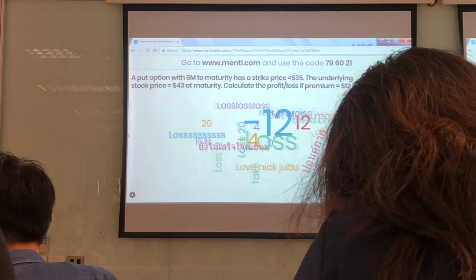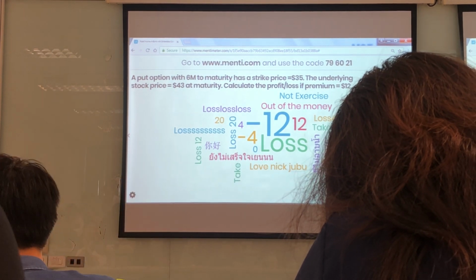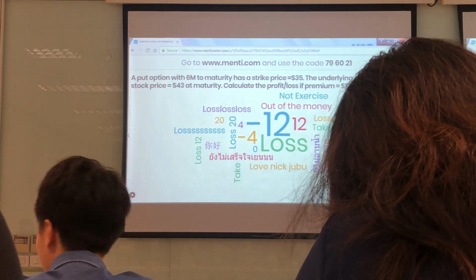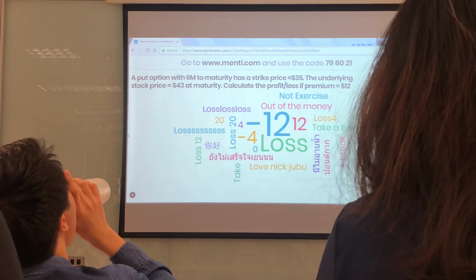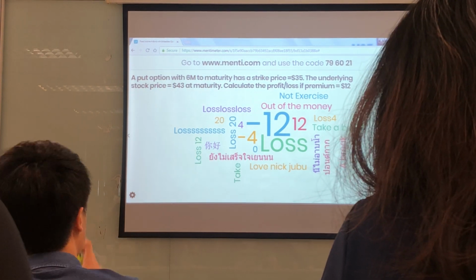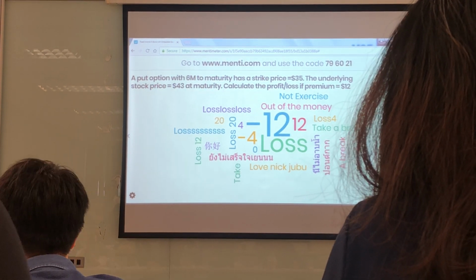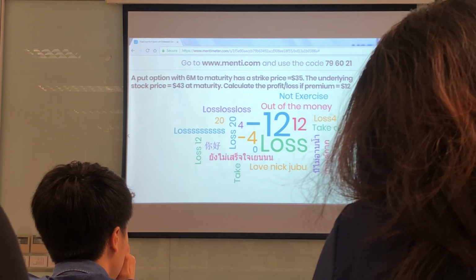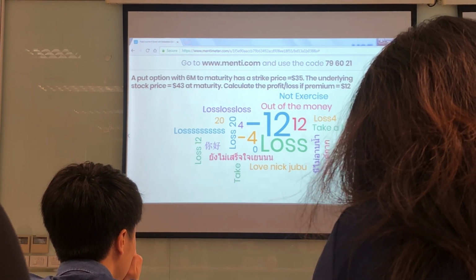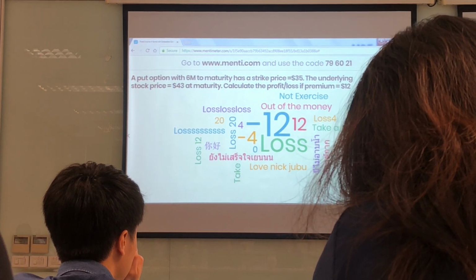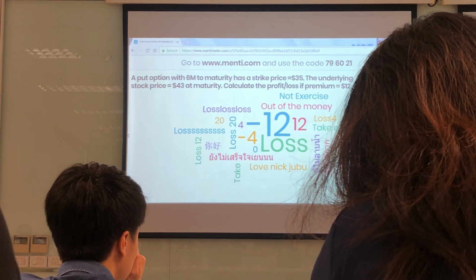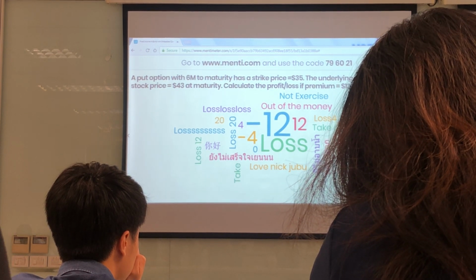You would be selling at a lower price by using this put option, so it's not a good idea to exercise it. So this option becomes worthless, and the net profit or loss is minus 12, the premium, the put price that you pay at the beginning.